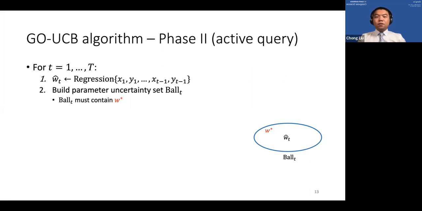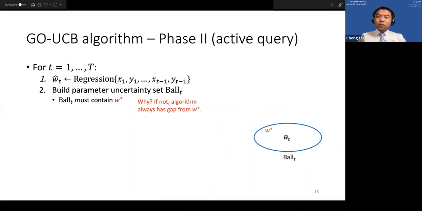The key design point of the ball T is that it must contain the best parameter with high probability. Why? Because if the ball T is not able to capture the best parameter, then the algorithm will always behave very differently from the best parameter W star, which means that the algorithm will behave differently from the true function, which is bad.